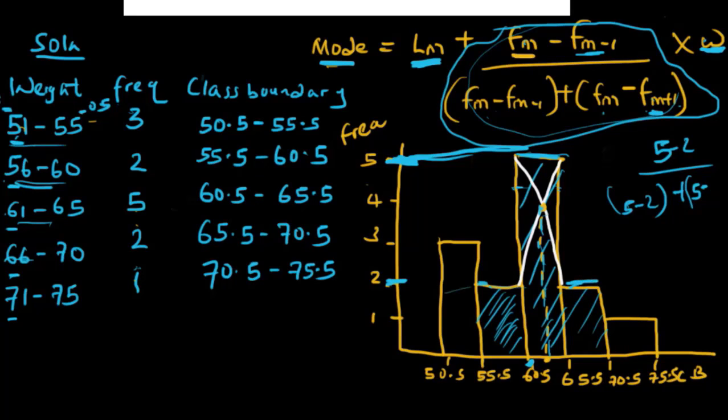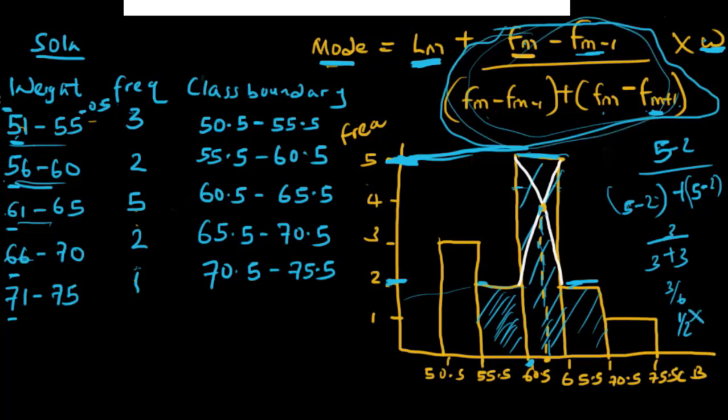In this case, the frequency is still 2, so we have 5 minus 2. 5 minus 2 is 3, so we have 3 over 3 plus 3, that is 3 over 6, that will give us 1 over 2. Does that make sense? So this part here is 1 over 2.